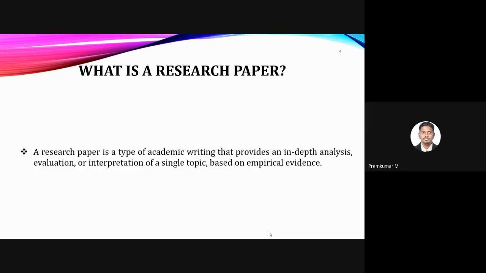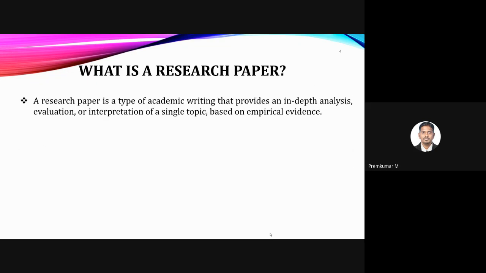Okay, and what is a research paper? As I told you already, we have different types of publications like research paper publications, review paper publications, short communications, letters, and many other things. My focus is only on the research paper, because it provides an in-depth analysis, whereas short communications, review papers or letters do not provide any in-depth analysis.